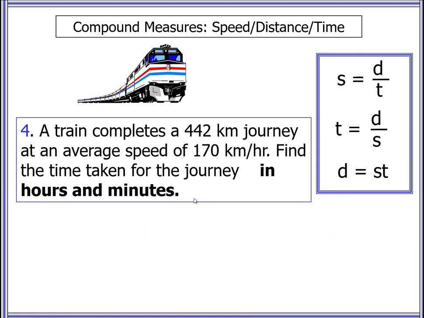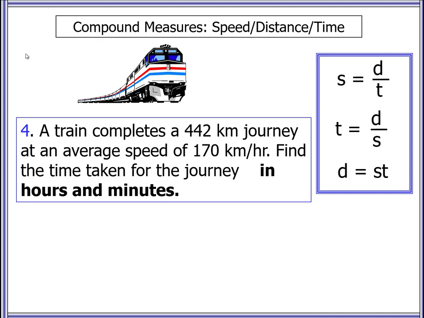Example 4. A train completes a 442 kilometer journey at an average speed of 170 kilometers per hour. Find the time taken for the journey in hours and minutes. So we can do this. 442 kilometer journey. Find the time taken.